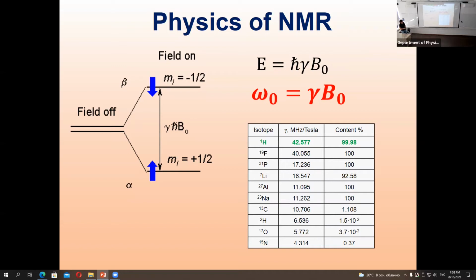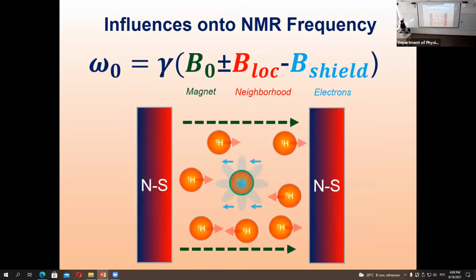When there is no field, the spins don't have the Zeeman effect. When we apply the field, we get the splitting of the main energy level, and the transition frequency is just proportional to the magnetic field. To do analysis, there are several things that influence this frequency.